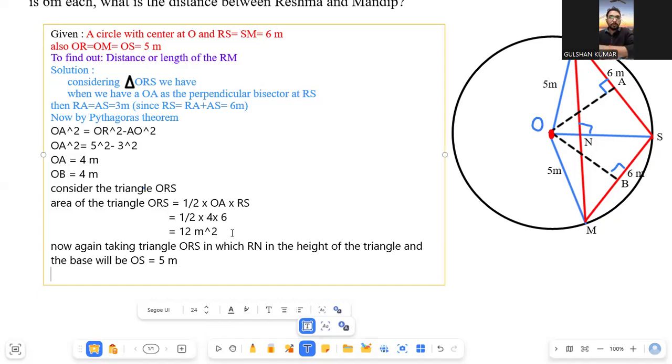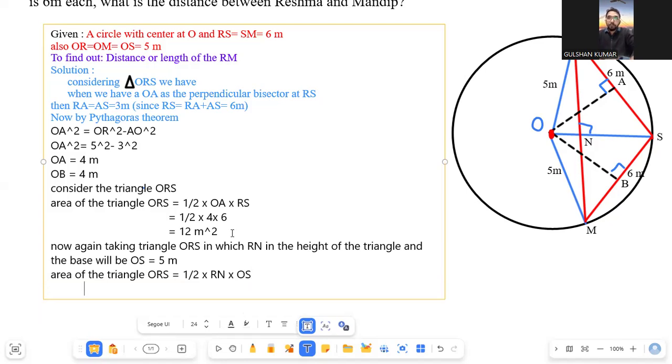So we are starting with that triangle and taking area of the triangle ORS equals half of RN multiplied by base, that is OS.